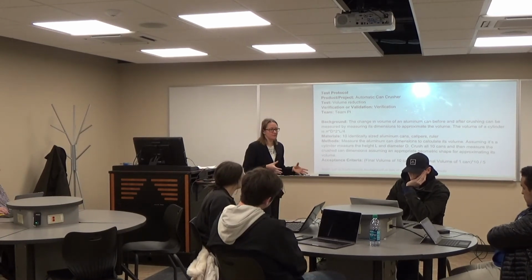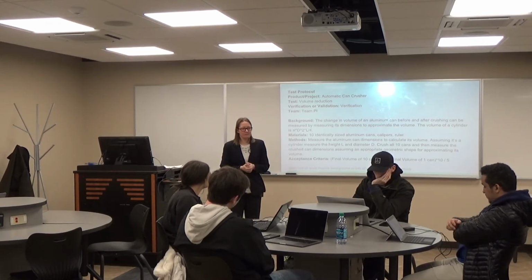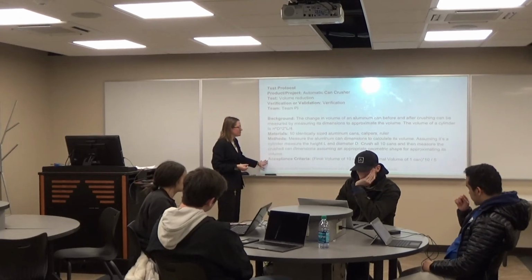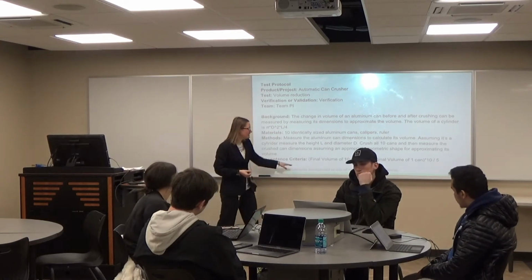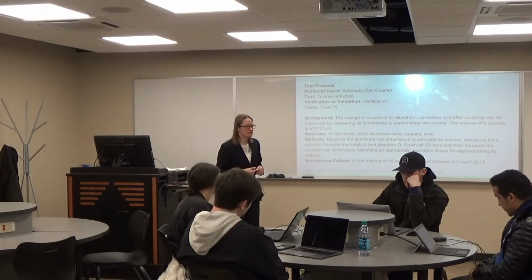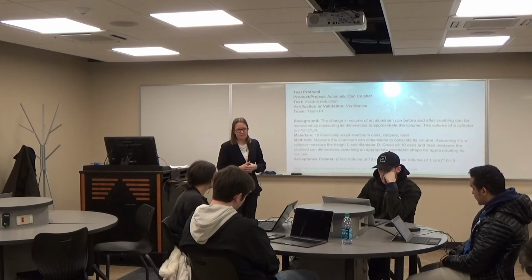So if it's still a cylinder, we can approximate like a cylinder. We're going to make some sort of assumption as to the shape, measure those dimensions, and calculate the volume. And then we'll look to see if we've met our specification. So we have an acceptance criteria that the final volume has to be less than or equal to 1/5 of the original. So it's the original of one can times our 10 cans divided by 5.